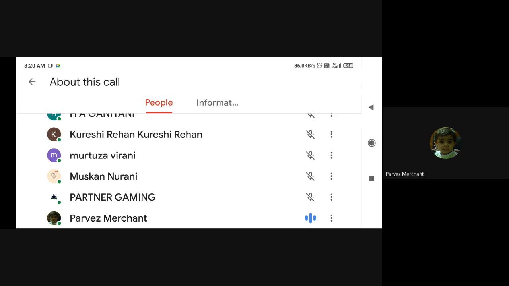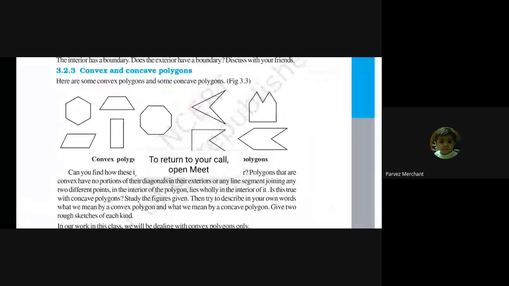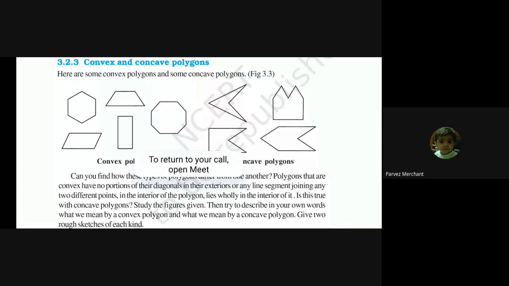Sir, in a concave polygon we can make diagonals inside, and in a convex polygon we can make diagonals in the exterior. No, beta. It is true, but it is not the exact definition. If you want to give the exact definition, please see the figure. In a convex polygon, the diagonals intersect.